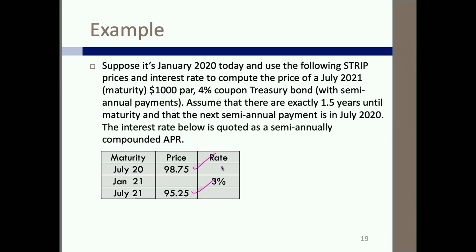For a treasury strip which matures in July 2020, for every $100 of face value, it costs you $98.75 today. Likewise, for every $100 of face value for a July 2021 strip, it costs you $95.25 today. And then finally, for a treasury strip which matures in January 2021, rather than being given a price, we're given a rate. This is a yield to maturity.